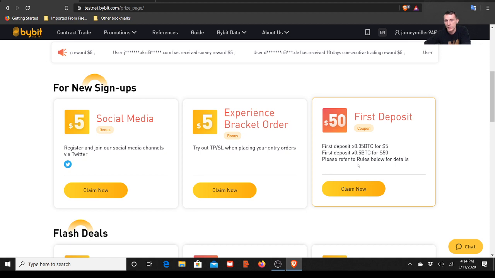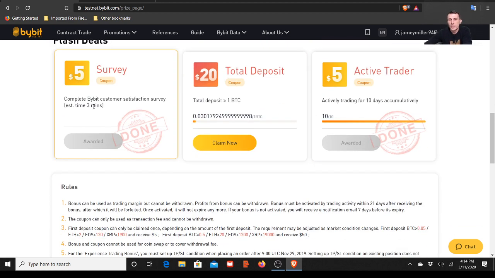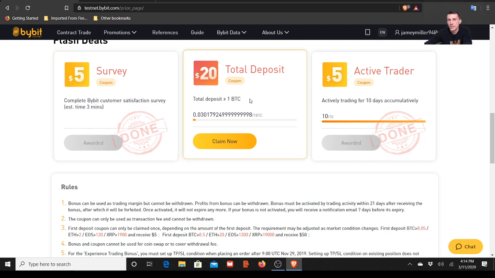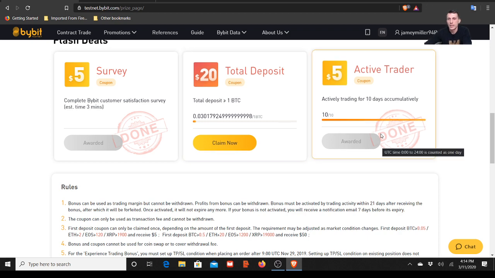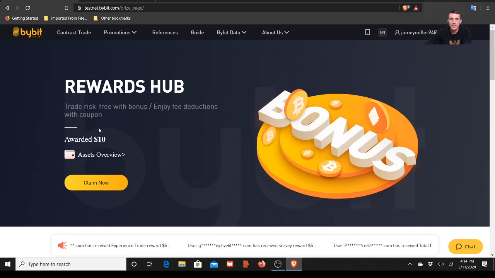First deposit of a half a Bitcoin, you'll get $50. Take a simple survey, you get $5. Total deposit, once you get up to 1 Bitcoin, however long it takes, you'll get $20. Trade 10 out of 10 days, you'll get $5. So it's nice they do this. BitMEX doesn't do stuff like this, so it's pretty cool.